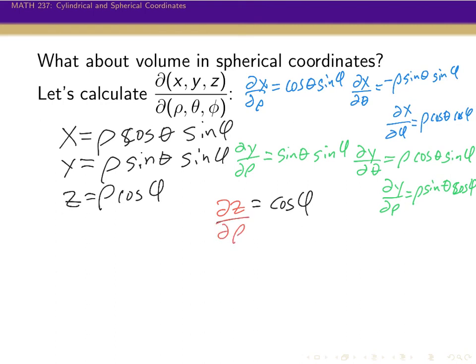Then dz d theta is equal to, there's no thetas here, so that's just equal to 0. And then last but not least, dz d phi is going to be minus rho sine phi.